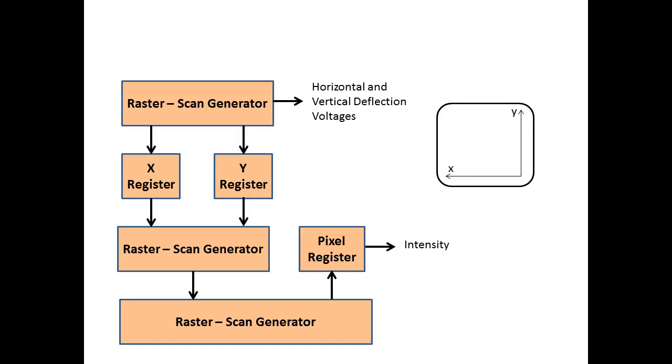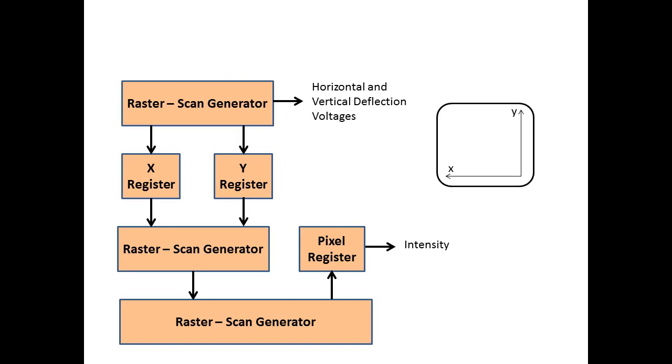Two registers are used to store the coordinates of the screen pixels. Initially, the x register is set to 0 and the y register is set to y max. The value stored in the frame buffer for this pixel position is then retrieved and used to set the intensity of the CRT beam.